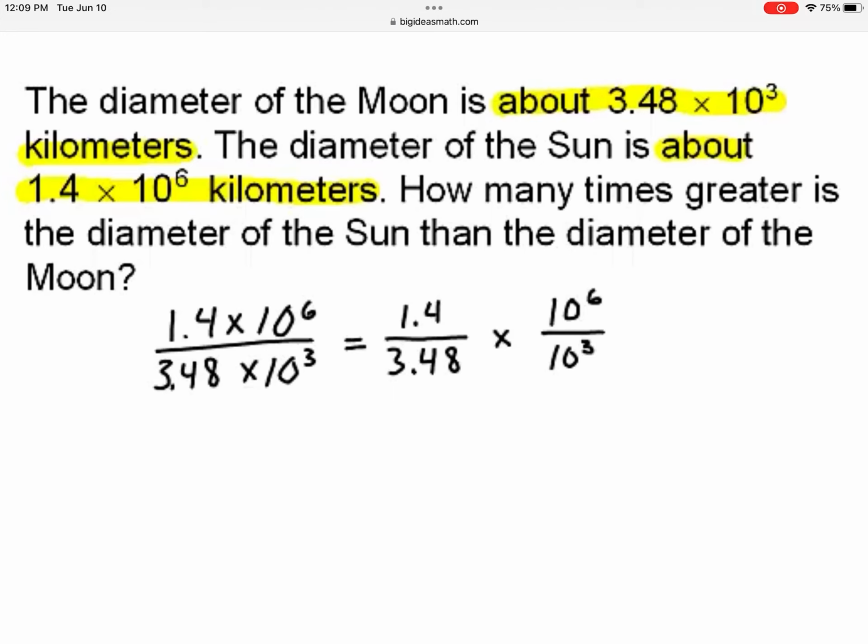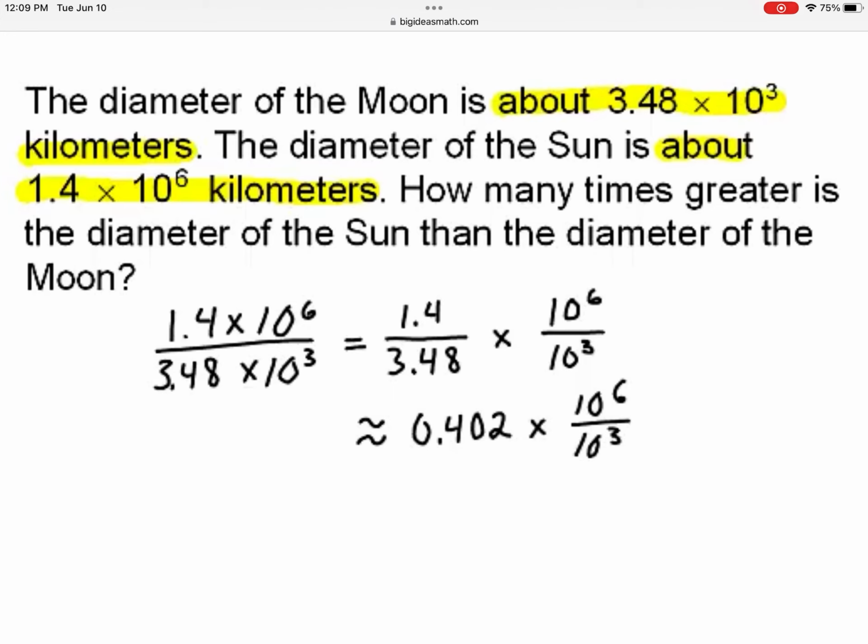Now let's divide 1 and 4/10 by 3 and 48. This is about 402 thousandths. This is still multiplied by 10 to the 6th divided by 10 to the 3rd. Now we need to use the quotient of powers property to simplify.